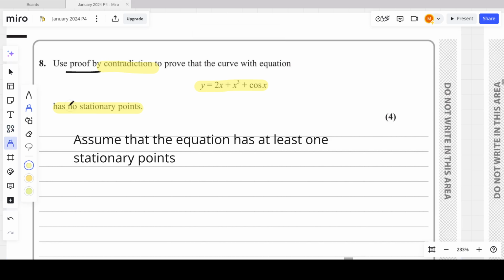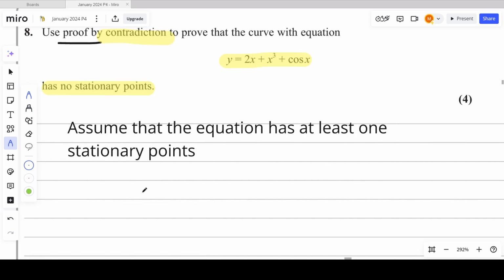Okay, so now the concept is this. They asked for no stationary points, right? Whenever you come across stationary points, the first thing we consider is the gradient function. At a stationary point, the derivative is 0.